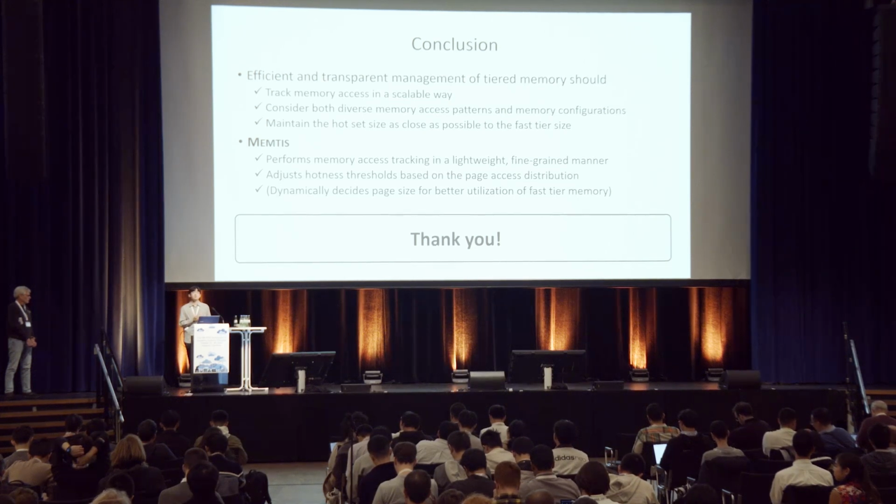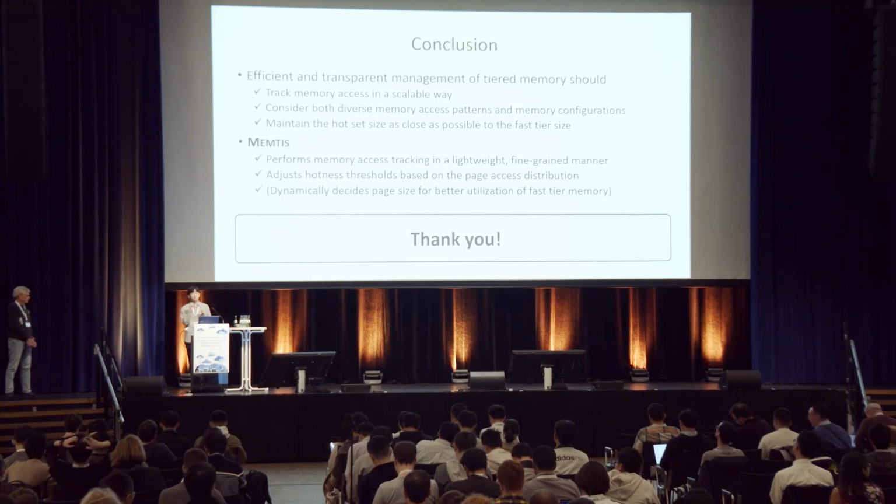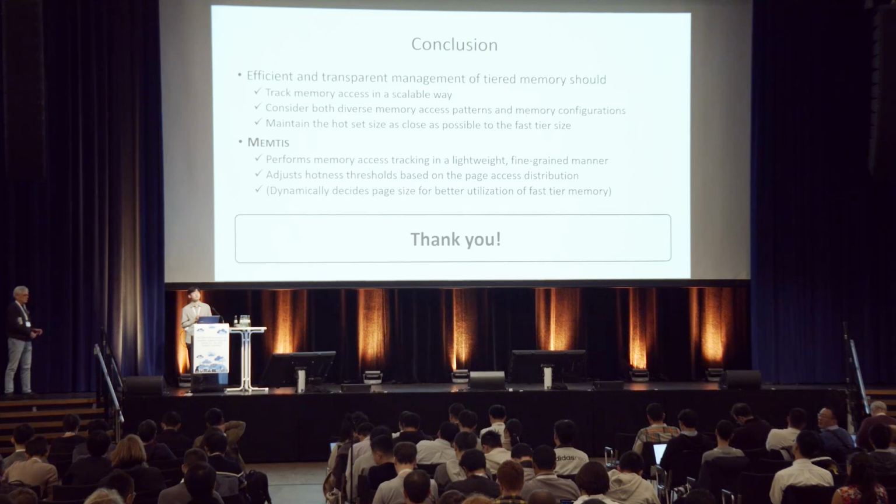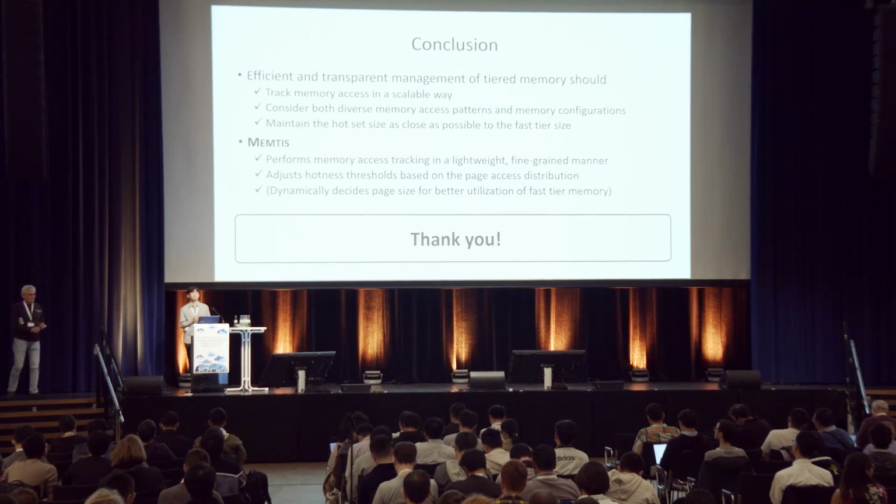But if there are many fast tier sizes, and it is important to detect more cold pages, maybe PEBS is not effective. So maybe it depends on the system configuration. Cool. Thank you.